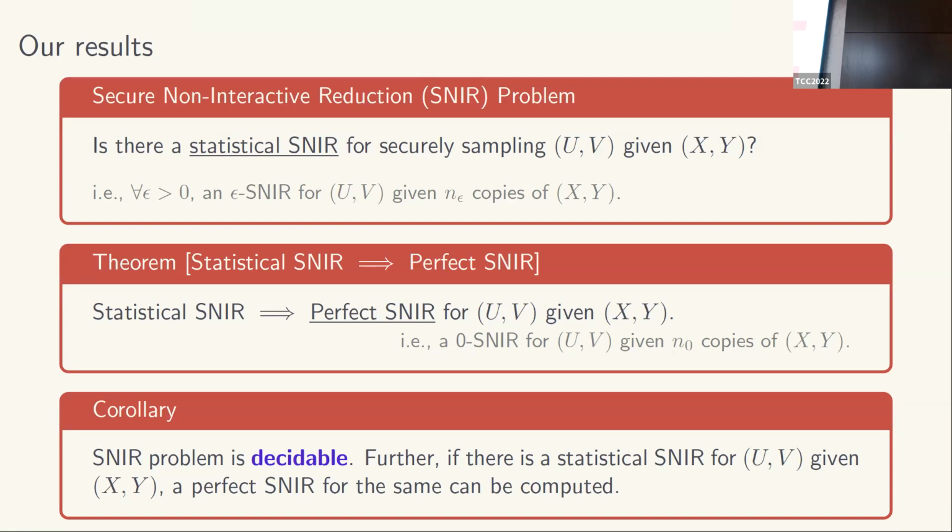And then it searches through all possible reduction functions, or what we call protocols, and sees if there is a perfect SNIR taking XY to UV. If there is one, then the algorithm can always output a perfect SNIR. And the theorem states that if there is none, then the statistical SNIR itself is impossible.